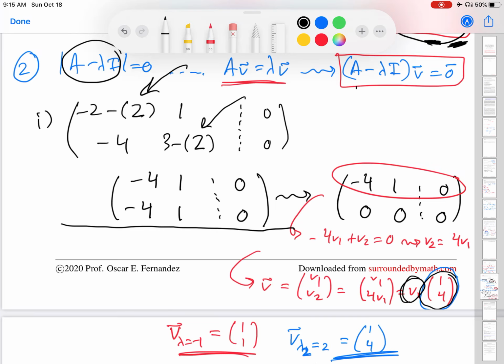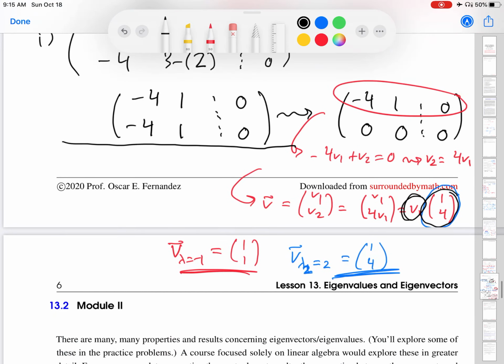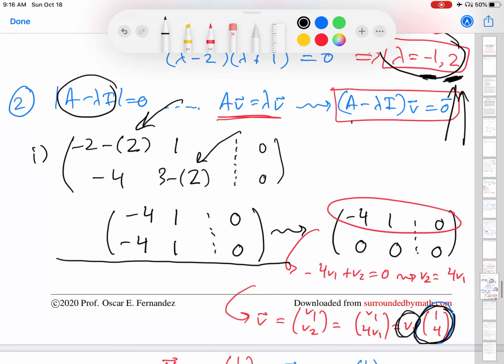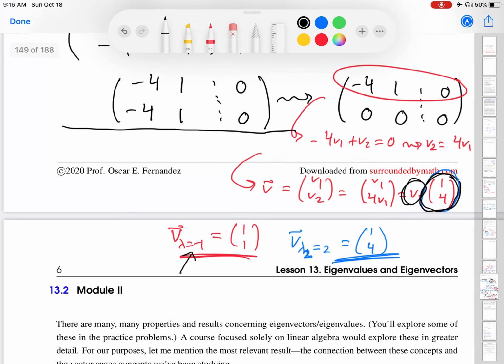You will have lots of choices, right? But if you do the math in this fashion that I have illustrated, you'll end up with what I'm going to call a natural choice for the eigenvector. And then you do that process repeatedly for however many eigenvalues there are. And that will generate the pairs of eigenvalues and eigenvectors.